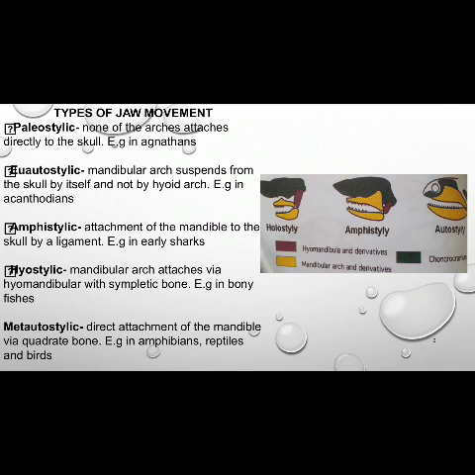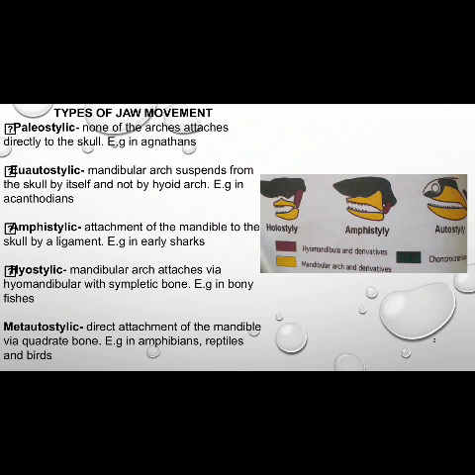Examples of autostylic vertebrates are seen in lungfishes, amphibians, and some higher vertebrates as well. So the autostylic vertebrates have the jaws connected directly with the cranium instead of indirectly by the hyoid arch.